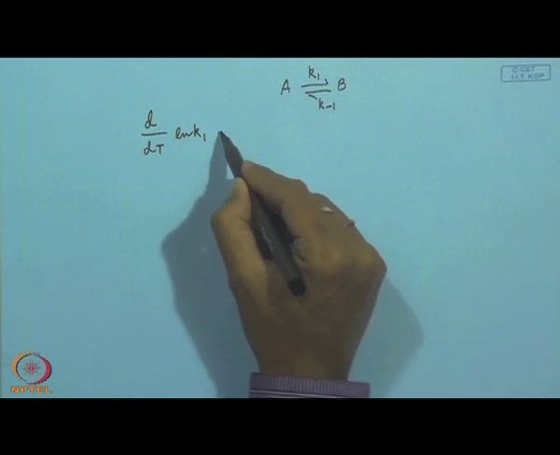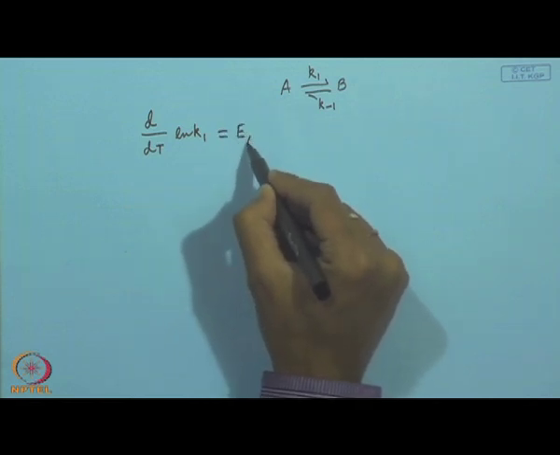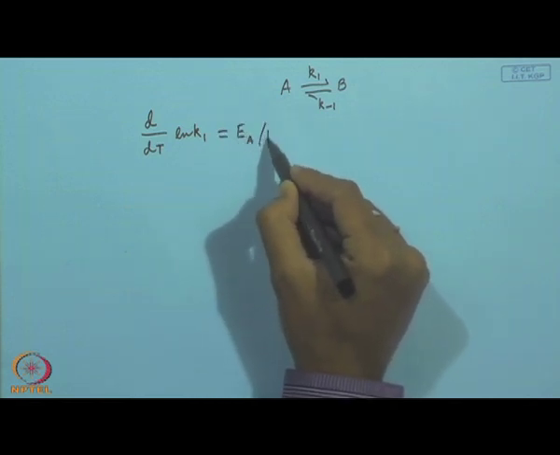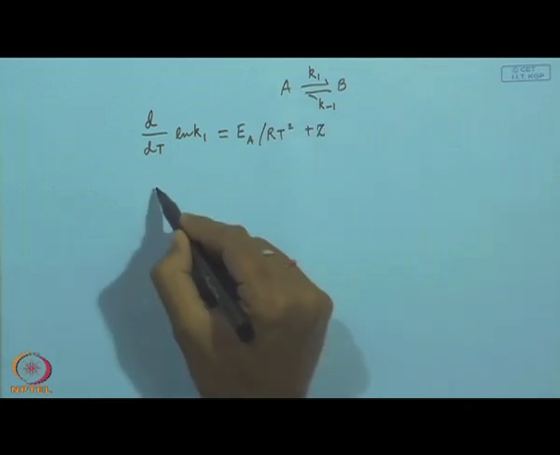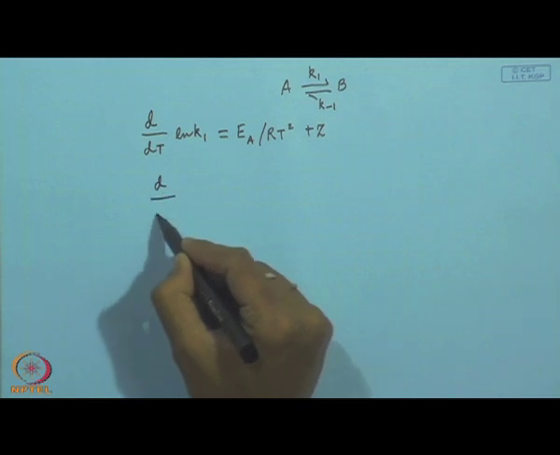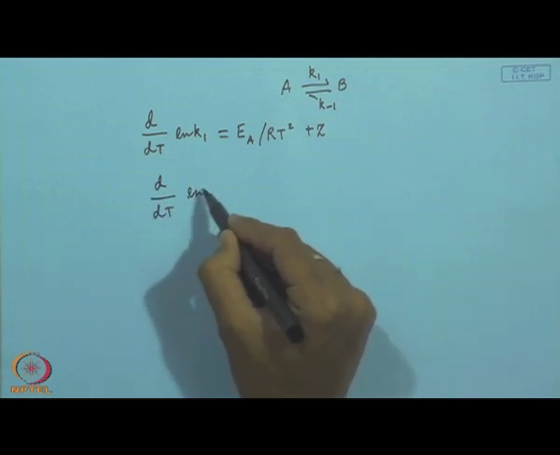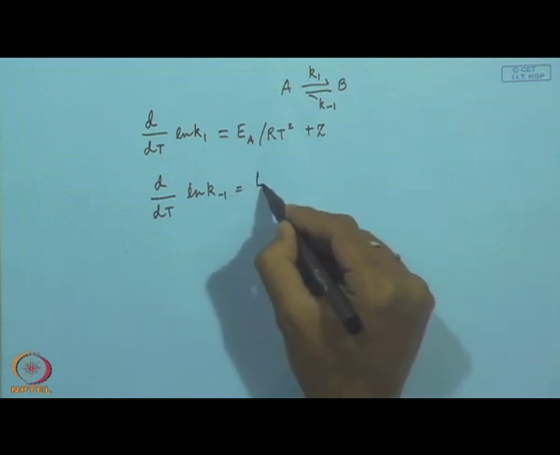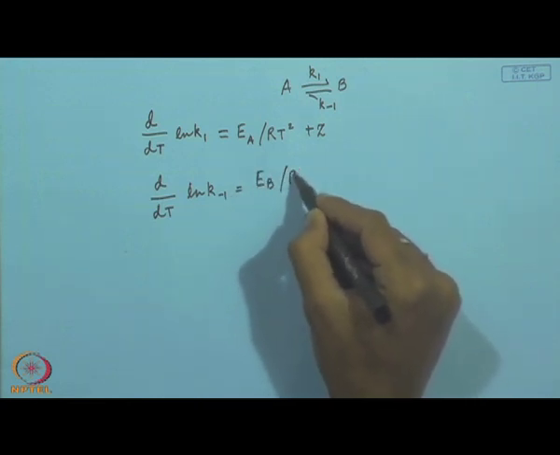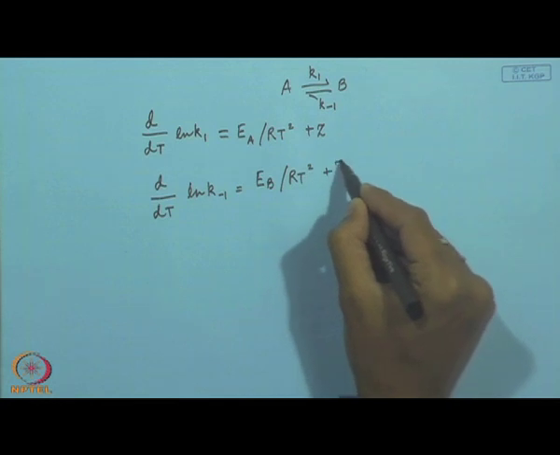So, d/dT of ln k1 is equal to Ea by RT square plus some constant z. This is the first equation. The second equation is d/dT of ln k minus 1 is equal to Eb by RT square plus z.